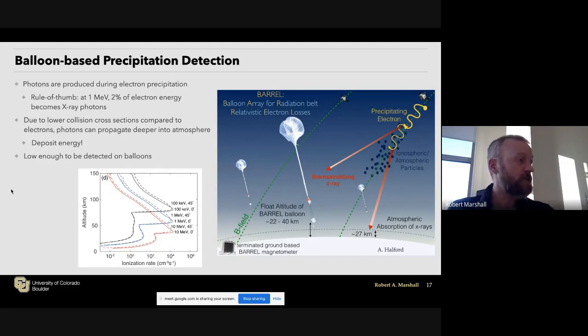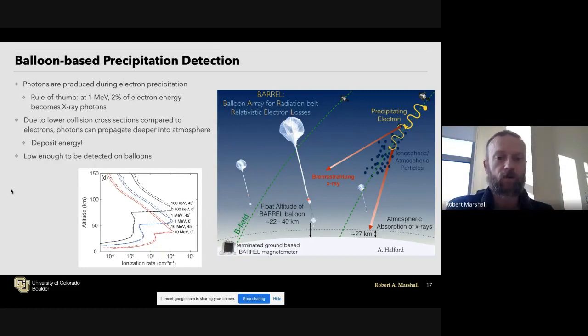Now, the fact that this ionization is produced at these low altitudes gives the opportunity to measure these X-rays from high altitude balloons. A lot of this ionization is below 35 or 40 kilometers, and that's kind of the approximate altitude for high altitude balloons. So there have been a number of missions going back decades that have made these observations. This is nothing particularly new.